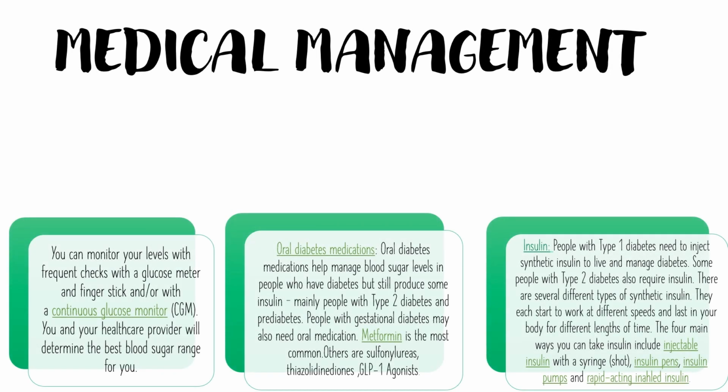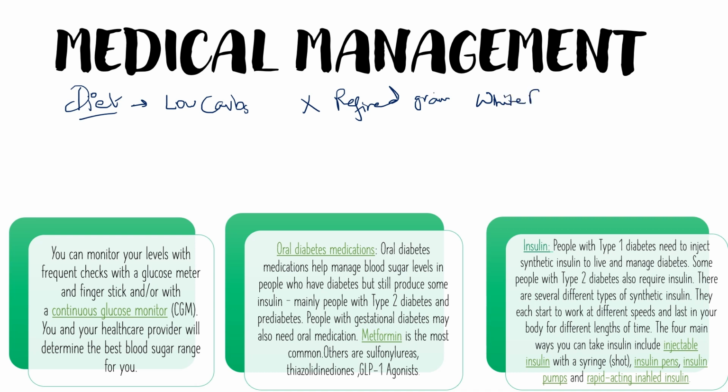Managing diabetes can be challenging, but the first and the foremost thing is the diet. The diet should include low carbs. It should not have refined grains like white rice or bread.